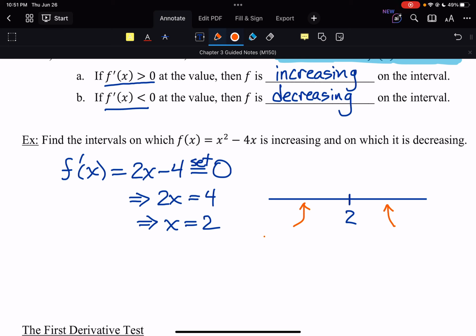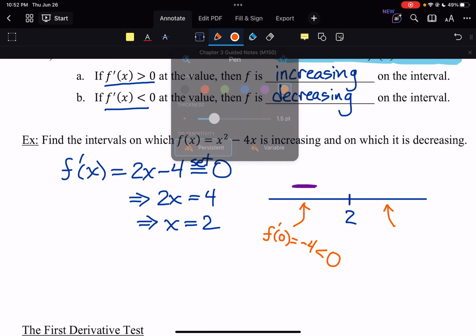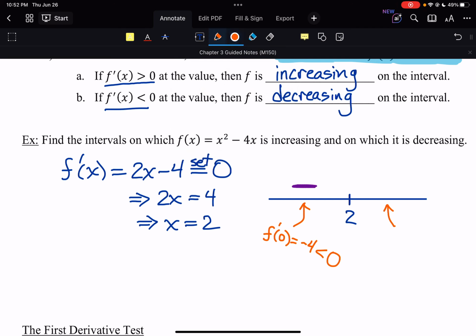a lot of times if 0 is an option, that's a pretty good, easy choice. So we'll pick 0 and we'll check the derivative. That's 0 minus 4, so that's negative 4. So that's less than 0. So I'm going to put a negative symbol right there. And then I need to pick a number above 2, so I'll pick 3.